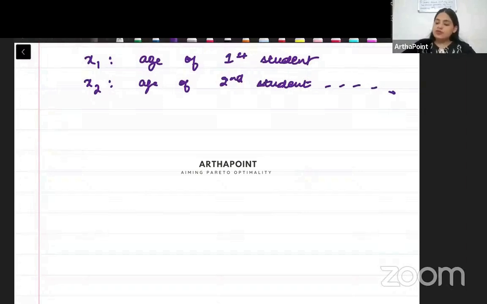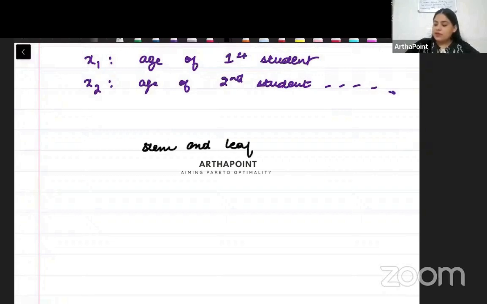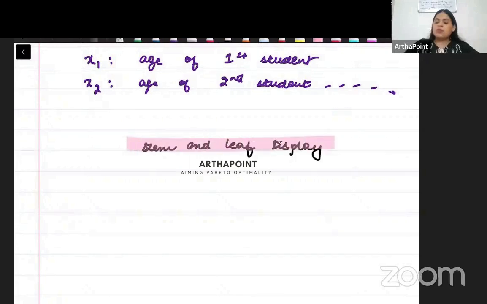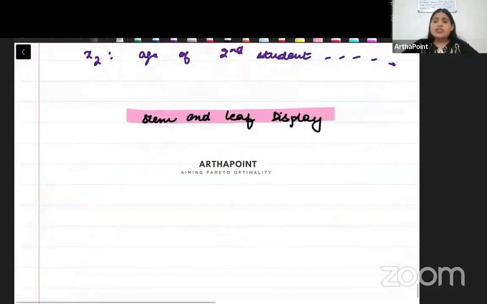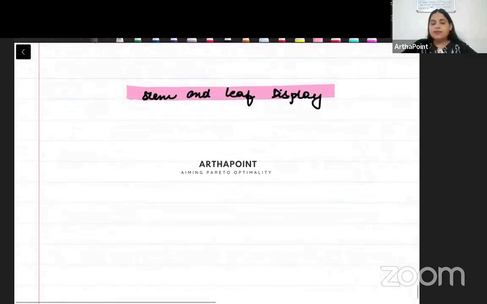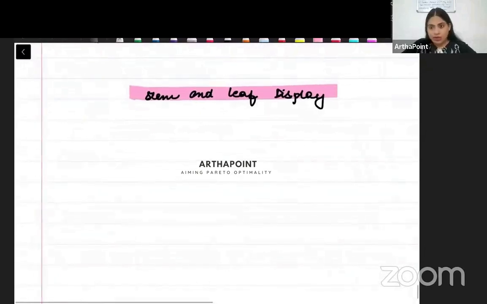Now, let us go to the first technique, beta, and this is known as stem and leaf display. Okay. What is stem and leaf display? It is a technique that is used to classify the variables. The variables can be discrete or continuous.